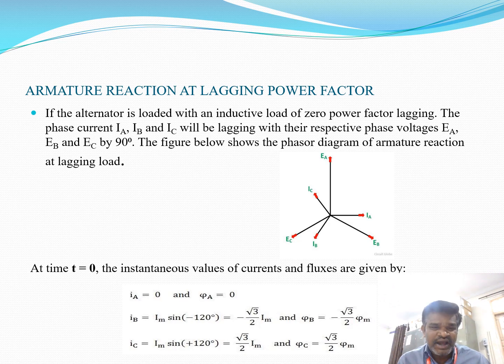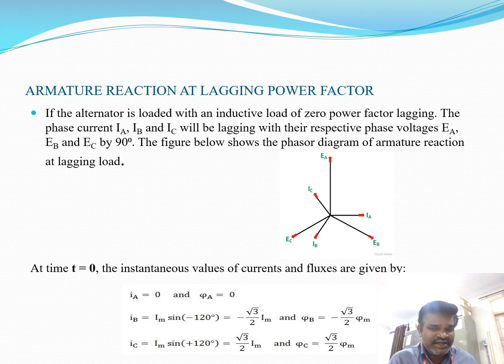Suppose the alternator is loaded with inductive load. We know inductive loads are good examples for lagging power factor. If it is a pure inductor, the current through the inductor always lags the applied voltage by 90 degrees. So, if the alternator is loaded with an inductive load of zero power factor lagging, why do we call it zero power factor?